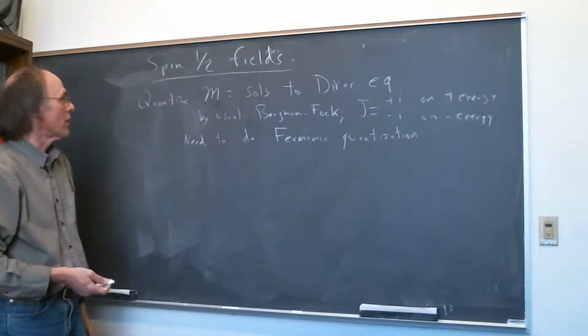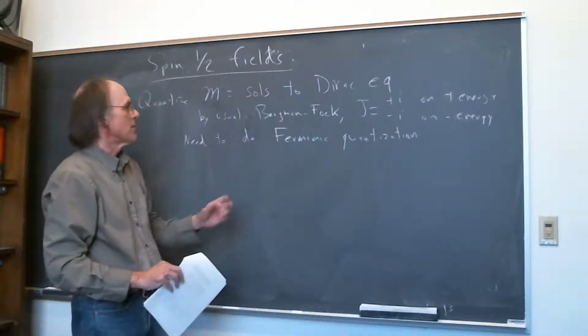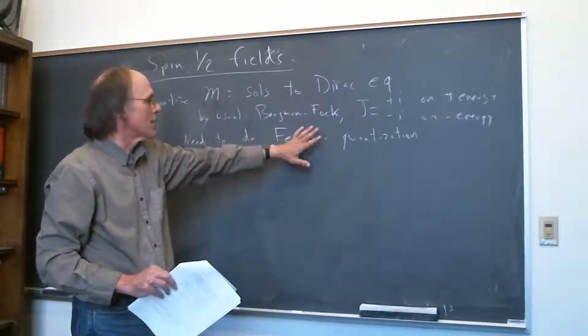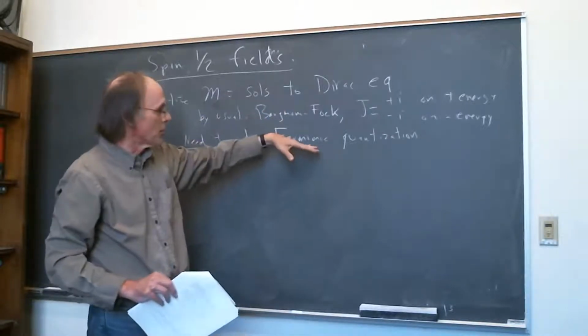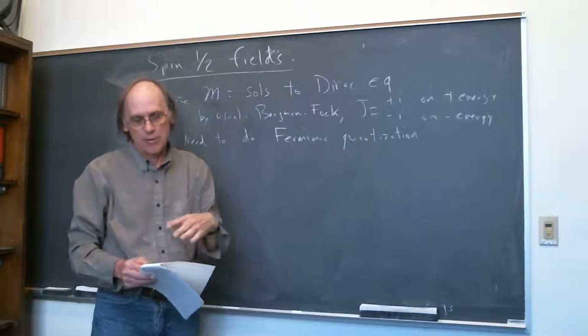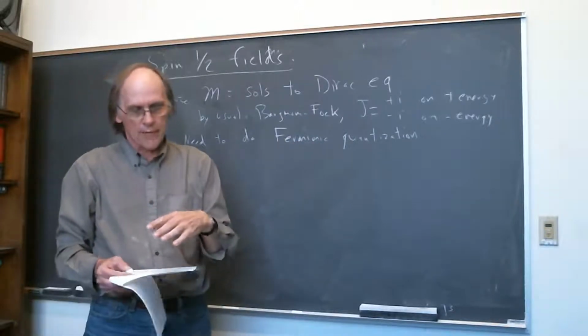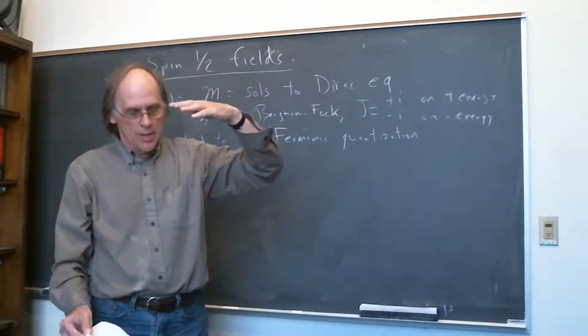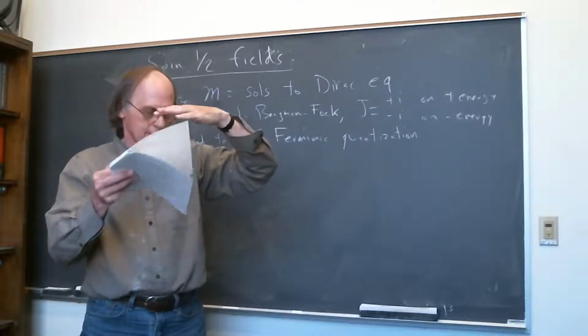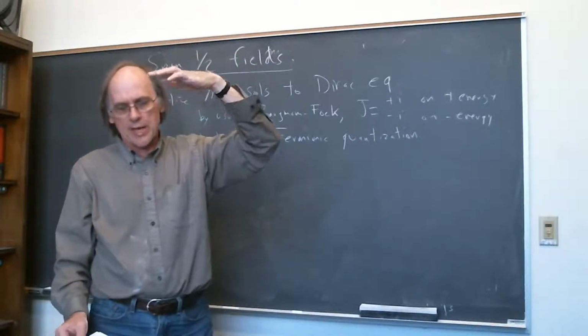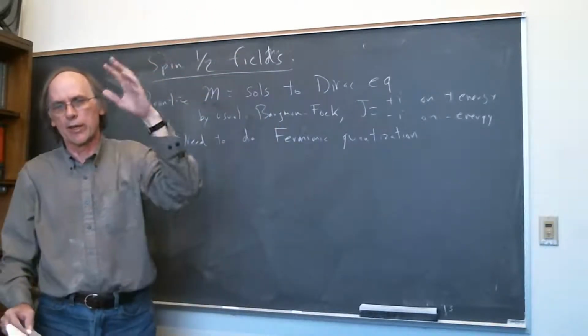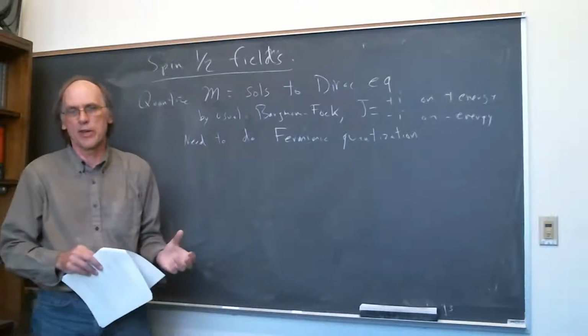I won't go into the story, but basically, if you try this and use the standard bosonic quantization, you get various problems, including that states will go to negatively infinite energy. You won't have positive energy states.